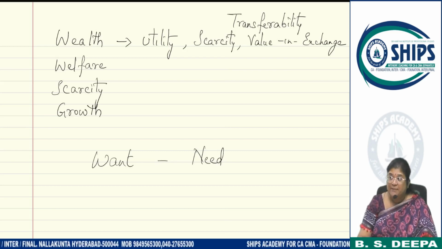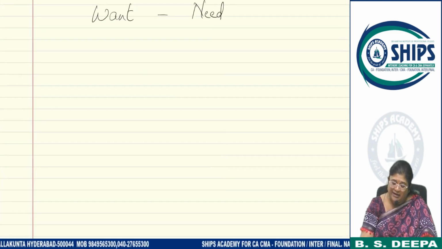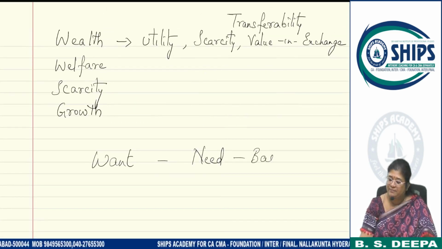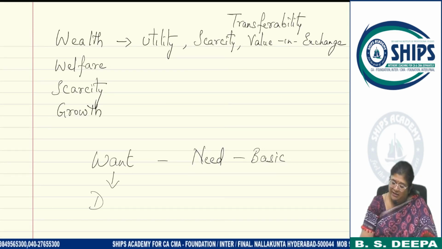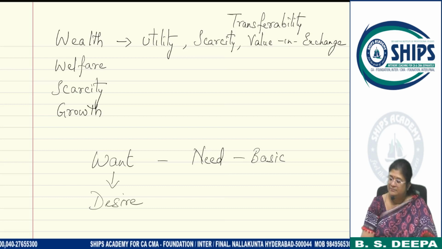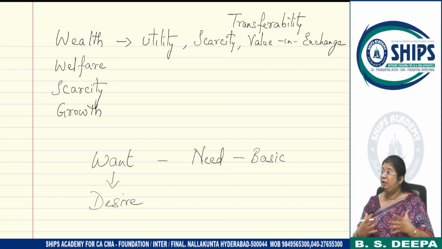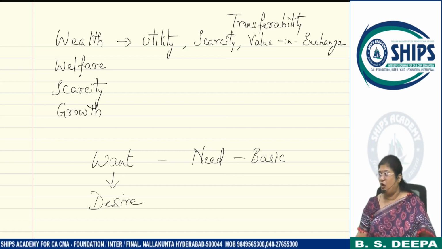So need is a basic requisite, a basic need which is required for our survival. Whereas want is our desire to satisfy. It is basically to increase our satisfaction that we have wants.